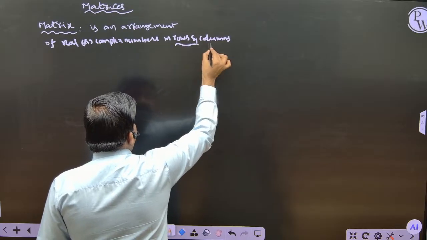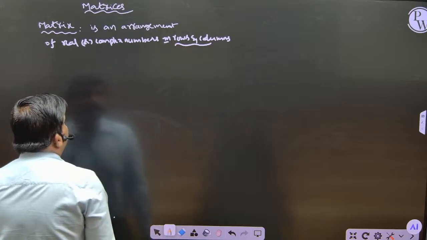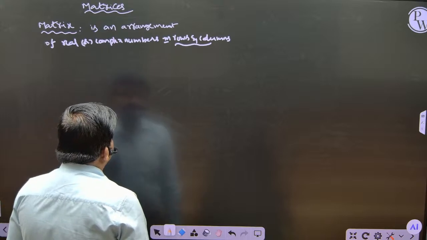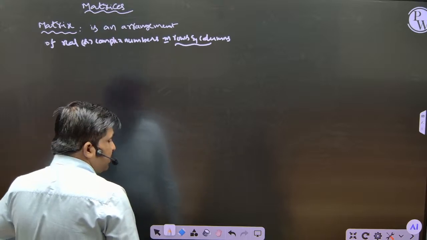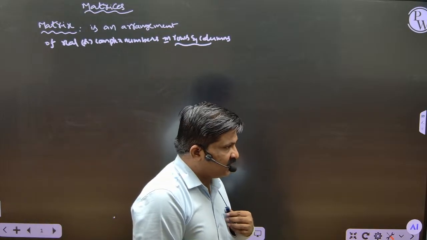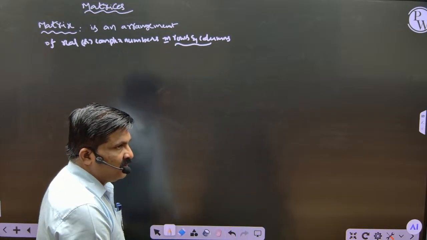So matrix means it is an arrangement. Matrix is an arrangement of real or complex numbers in rows and columns.